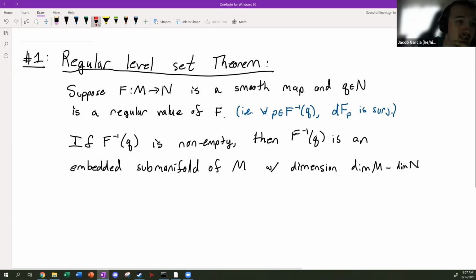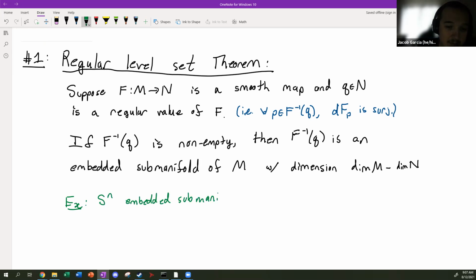So actually first, the easier examples of the regular level set theorem are showing that S^n is an embedded submanifold of R^(n+1). So at the beginning of Lee's book, you show that S^n is an n-manifold by constructing the charts explicitly, right?